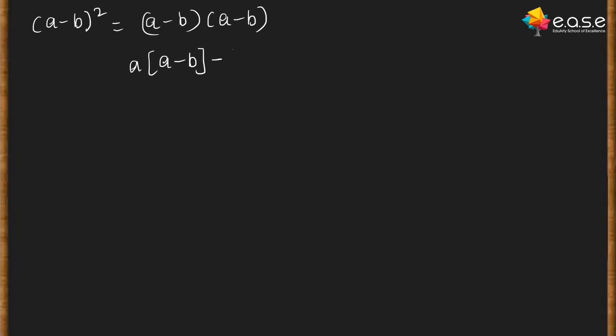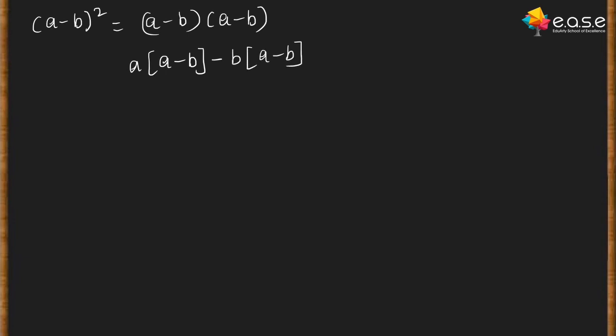Similarly, we can also write down a minus b the whole square. So a minus b the whole square is again going to be a minus b into a minus b. That's going to be a into bracket a minus b, and this is minus b into bracket a minus b.